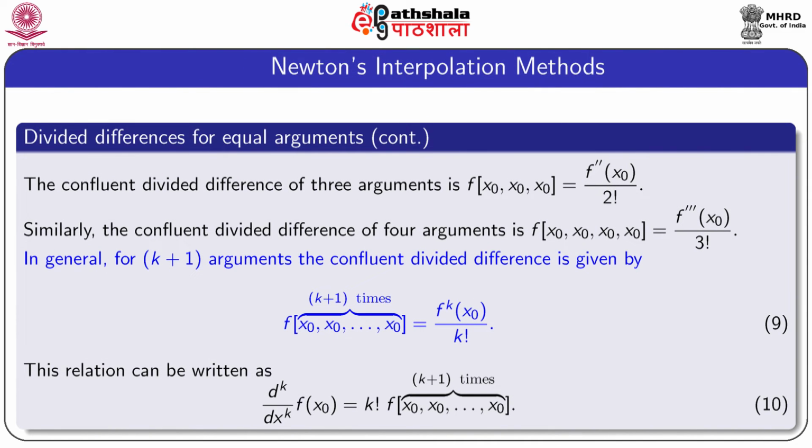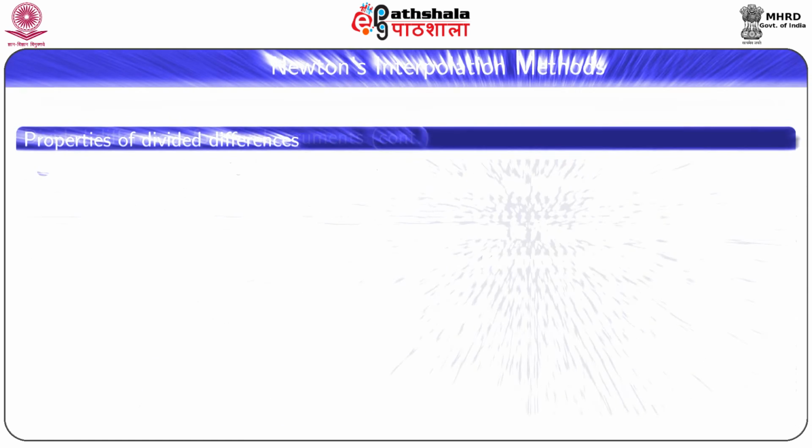In general, for k plus 1 arguments the kth order divided difference is equal to the kth order derivative of f at x0 divided by factorial k. Conversely, we can write the kth order derivative of f at x0 as factorial k into the divided difference for the k plus 1 equal arguments. So, this result is used to develop the next interpolating polynomial.